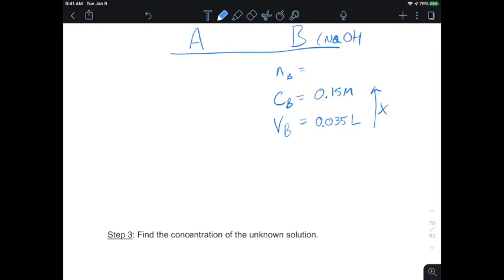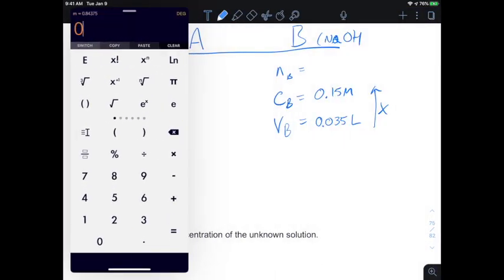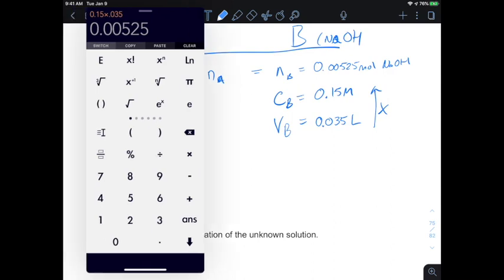And so by multiplying these two together, let's see, 0.15 times 0.035, we get 0.00525, and that is the number of moles of sodium hydroxide. Luckily, sodium hydroxide reacts with the acid in a 1-to-1 ratio.